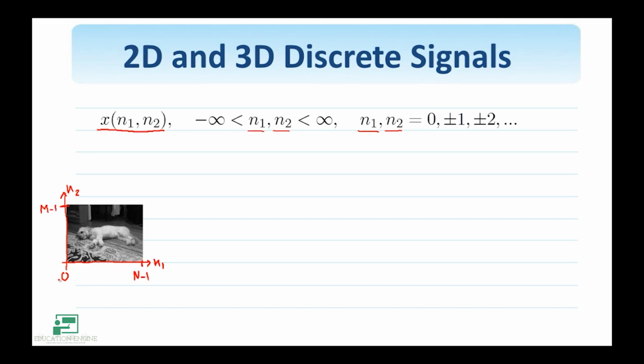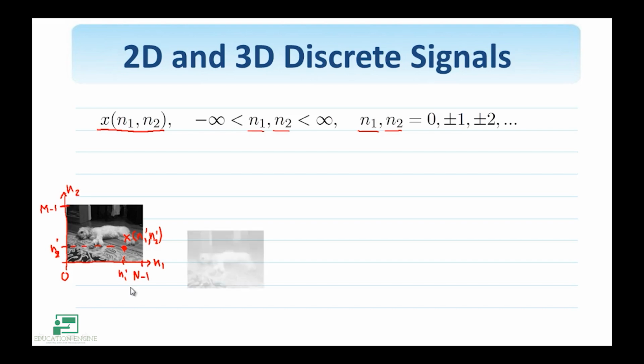So this is an n by m image. So if this is n1 prime, this is n2 prime, then here is the pixel with coordinates n1 prime and n2 prime. The value of the pixel is, in general, a real number.